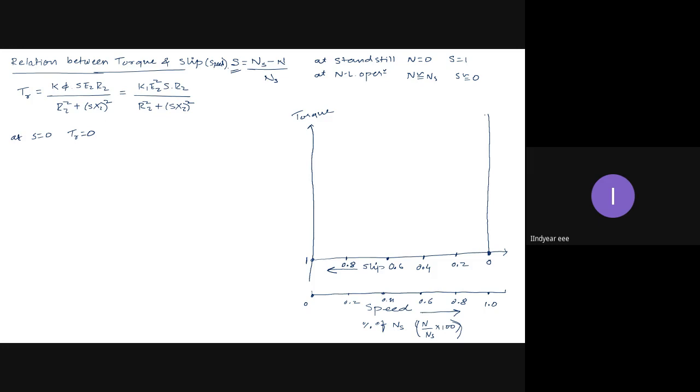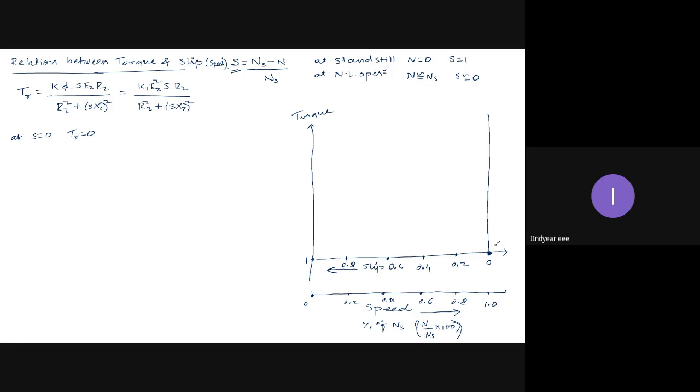When the rotor has caught the synchronous speed, the relative speed between the RMF and the conductor is 0. It means the conductor is not cutting any flux. Therefore, the EMF induced in the conductor is 0, current in the conductor is 0, hence the torque developed is 0, speed is 0. Motor will not run. It is that condition.